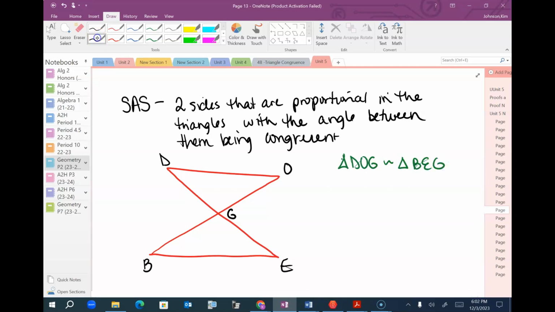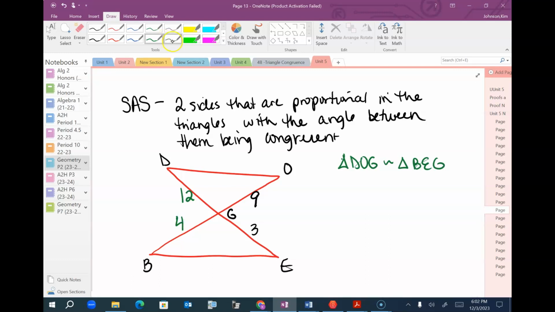So we're going to mark side OG being a length of 9, side EG a length of 3. I know it doesn't really look like it, but we'll make it that. Let's do DG a length of 12 and BG a length of 4.